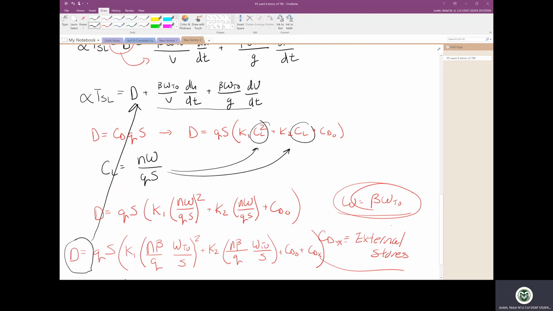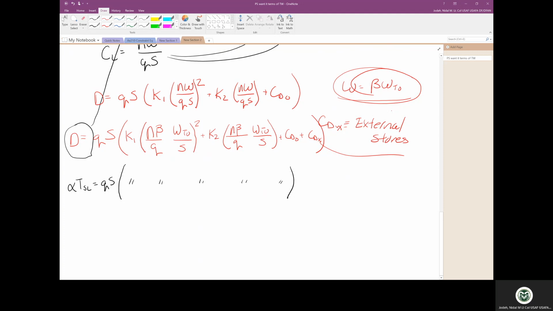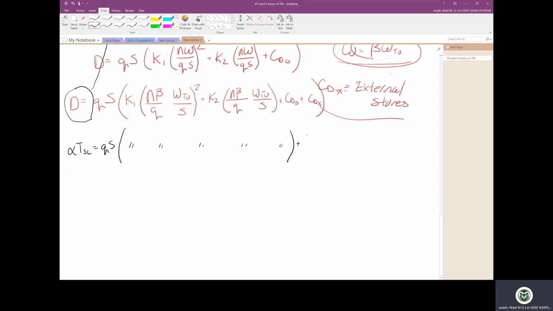All of this, plus beta, weight takeoff over velocity, dH dt, plus beta, weight takeoff over gravity, dV dt.